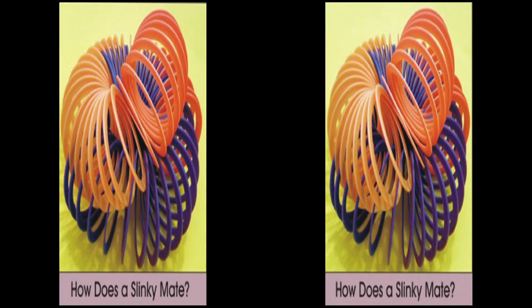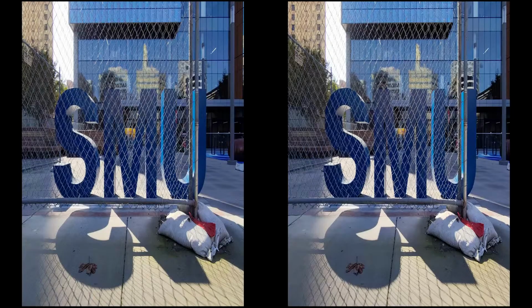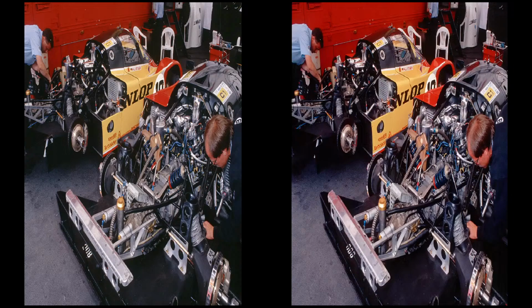Slinky by Lee. Astra Lumina Prophecy by Phyllis. Robin by Melinda. SMU by Matt. Porsche 962 by Brian.